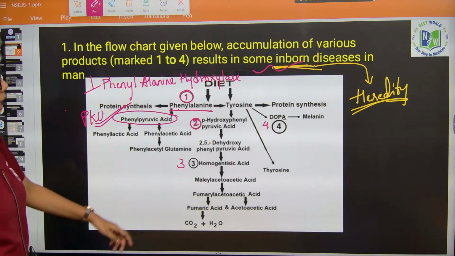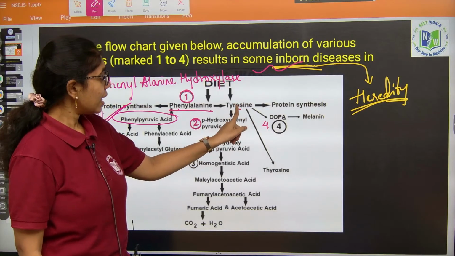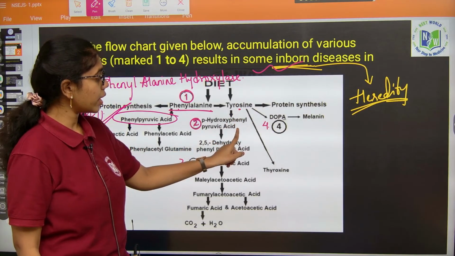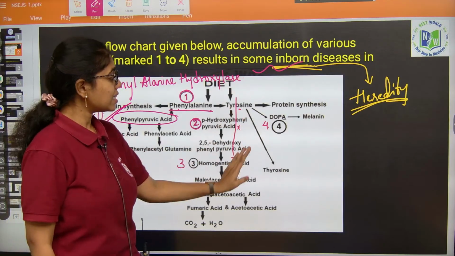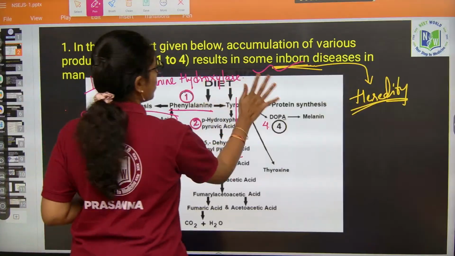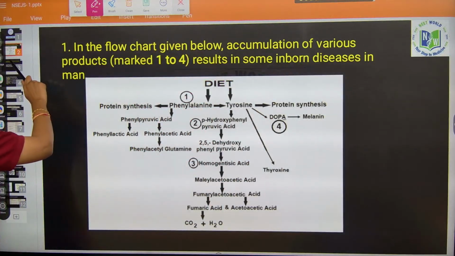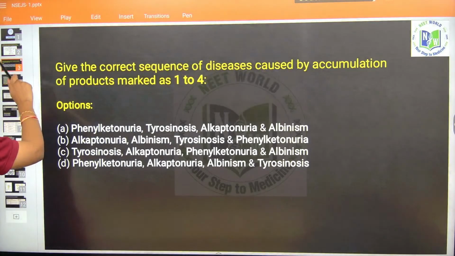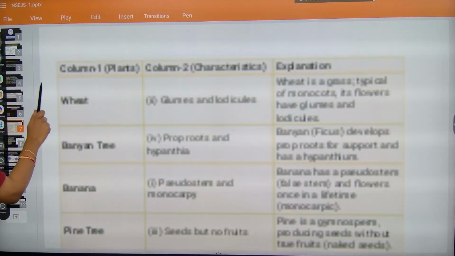Okay, this will result in phenylketonuria. And the next is tyrosine metabolism, wherein tyrosine gets converted to hydroxyphenylpyruvic acid.